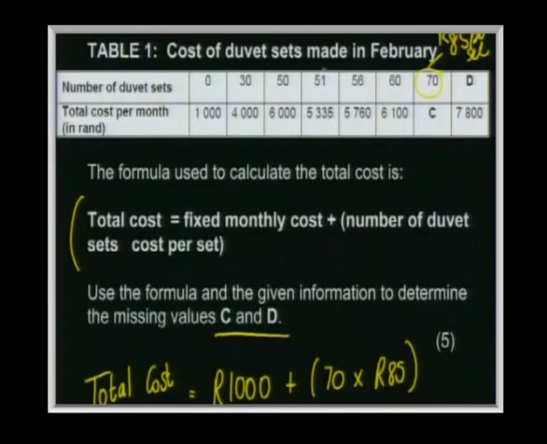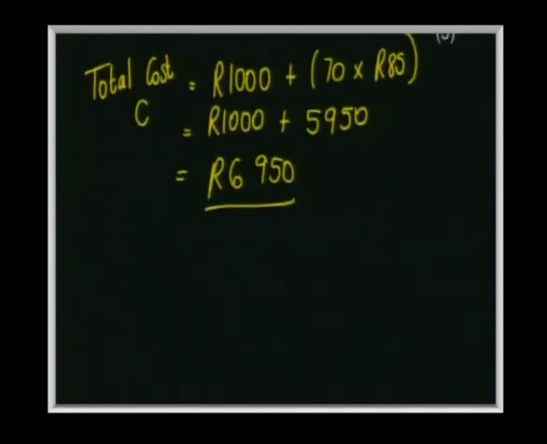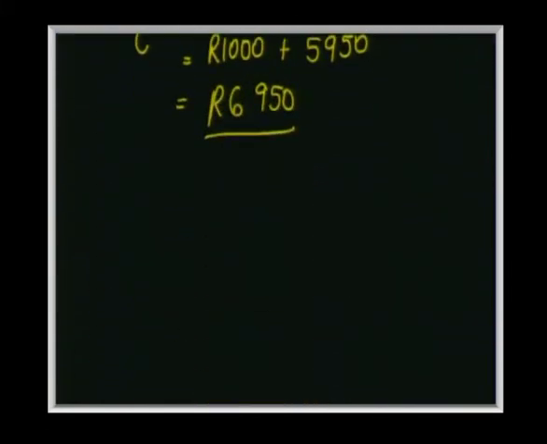Right, the next one is we need to find out how many duvet sets if I made 7,800 Rand. Okay, so my total cost is 7,800 Rand.